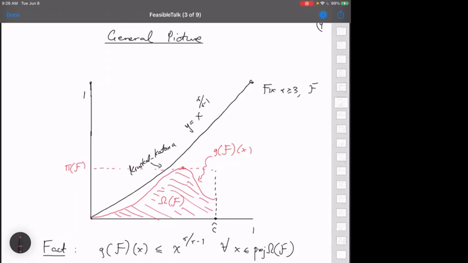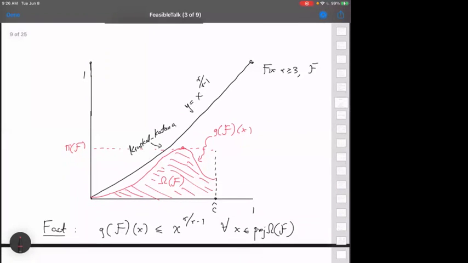This pi of F is also an upper bound, a y coordinate, and there's some c hat where the projection goes till c hat, and there's some function g, which is the red function. And what I have just shown you on the previous slide says that everything, the shaded part, is all the feasible region. There are no holes in the x direction or in the y direction. This is the feasible region.